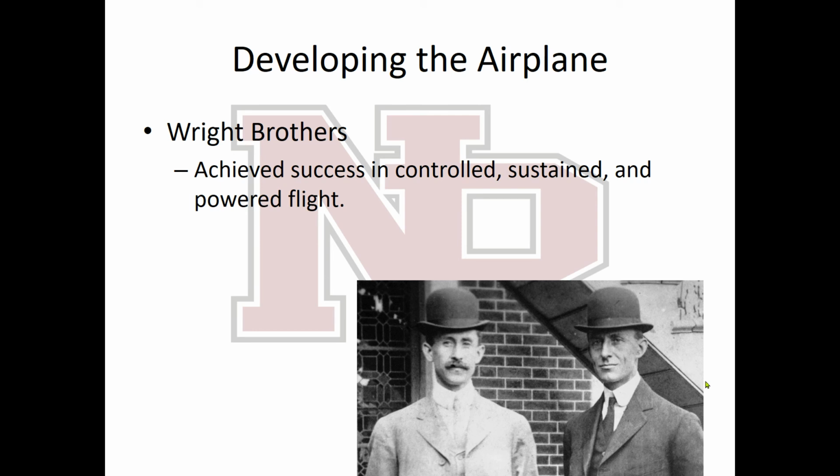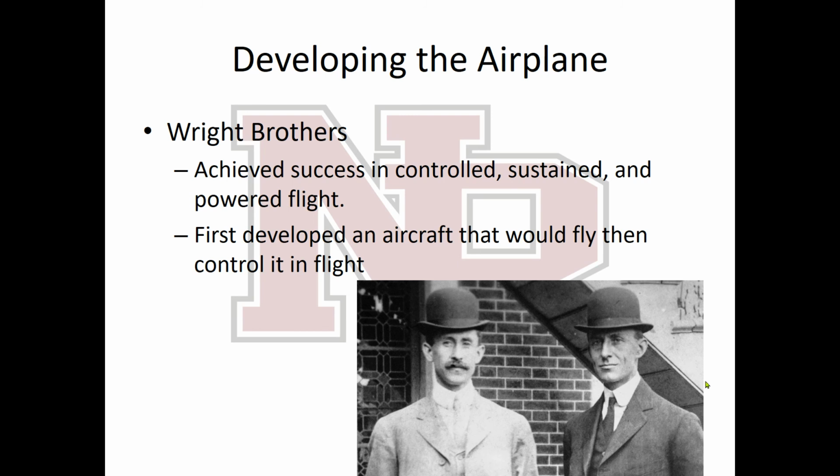But they were the first to achieve success in controlled, sustained, and powered flight. So they controlled the airplane in the air, they kept it in the air, and it was powered by a motor.